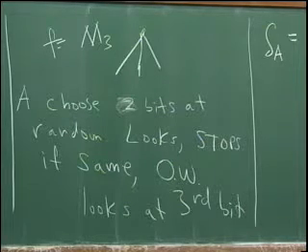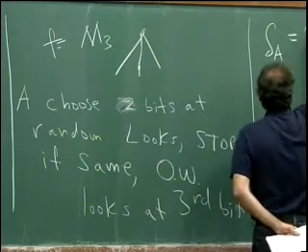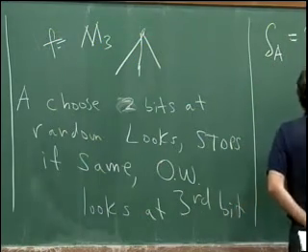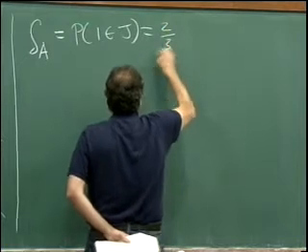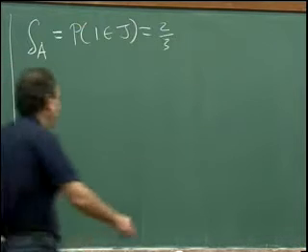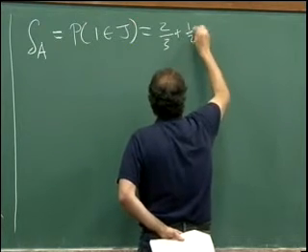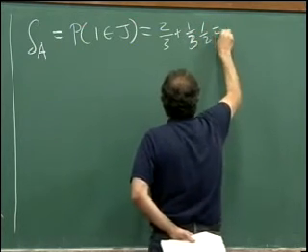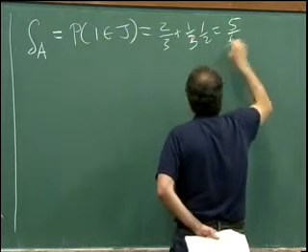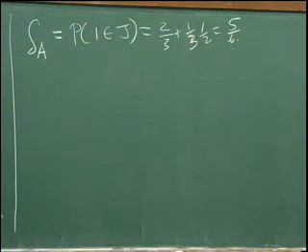In that case, it will definitely be looked at. So the probability that bit 1 is looked at is 2/3, because 2/3 of the times it will be picked right away. And then in the one time where you didn't look at it first, there's still a 50-50 chance you'll have to ask what it is. So 1/3 times a half, and you end up getting 5/6. So this is the revealment for this particular example.